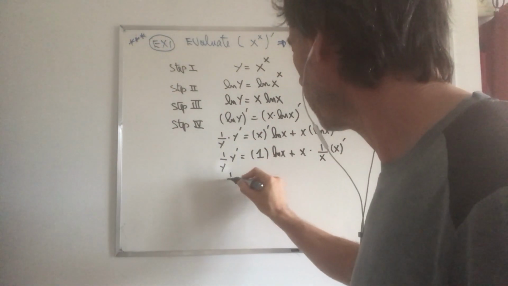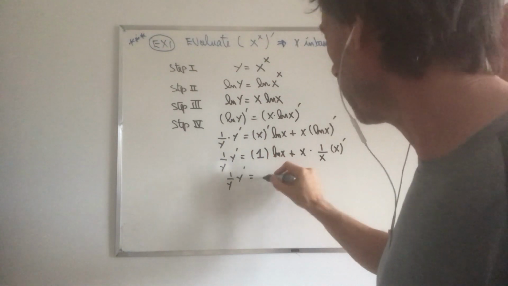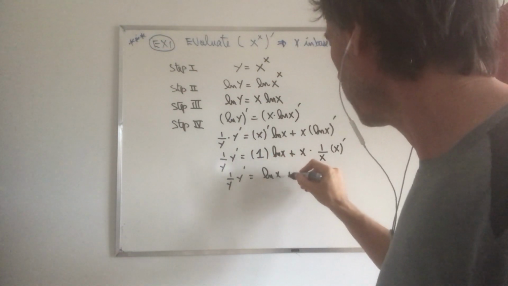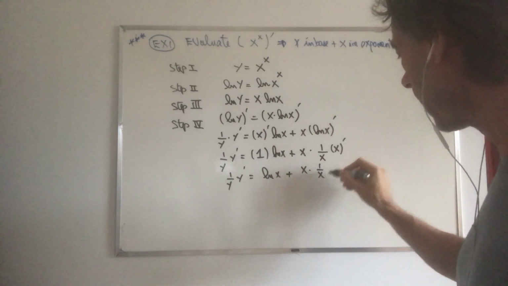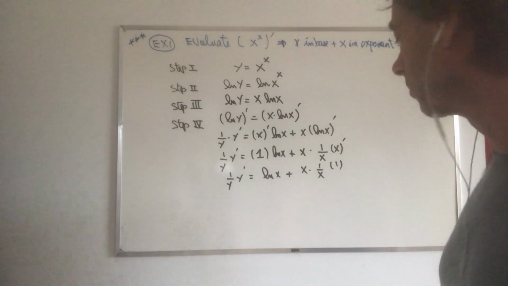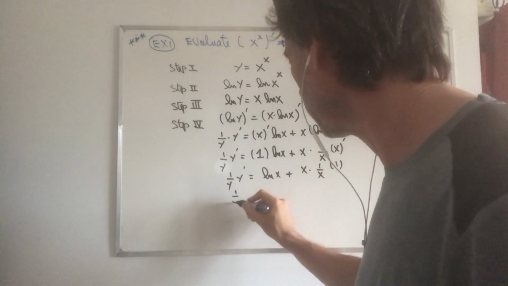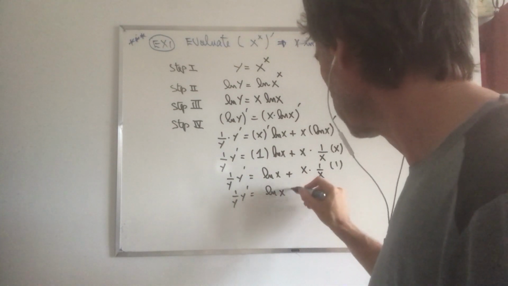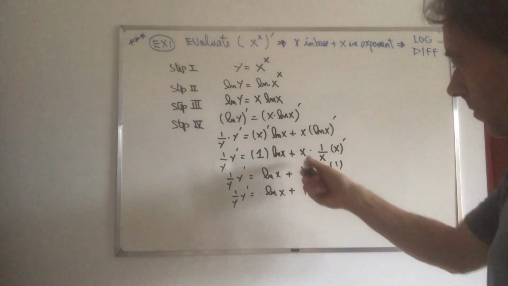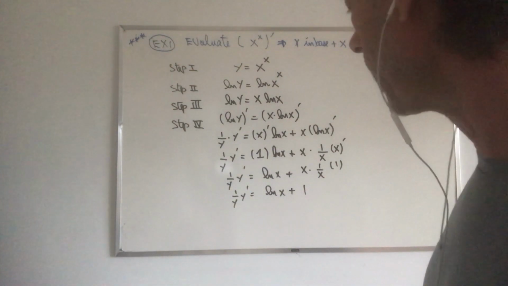So 1 over y, y prime equals 1 times ln x, which is ln x, plus x times 1 over x times the derivative of x, rule 2, which is 1. So with a little bit of simplification, very little, this is ln x plus 1, because x over x, these two will go away.